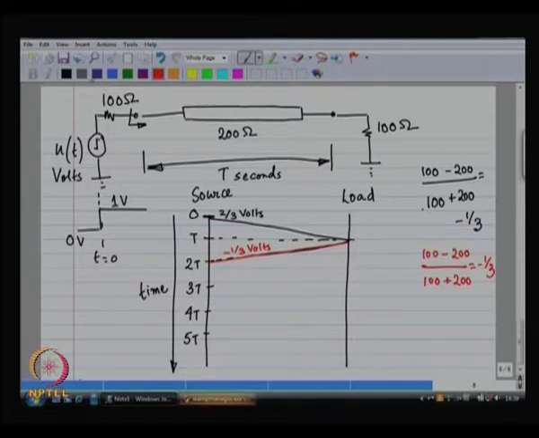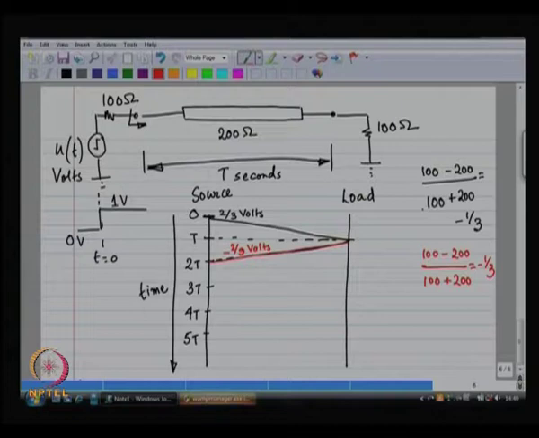So, minus 1 by 3 is not what got reflected back. 1/3 of 2/3 got reflected back. So, minus 2 by 9 is what got reflected back.